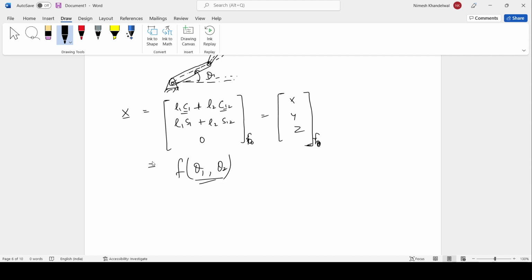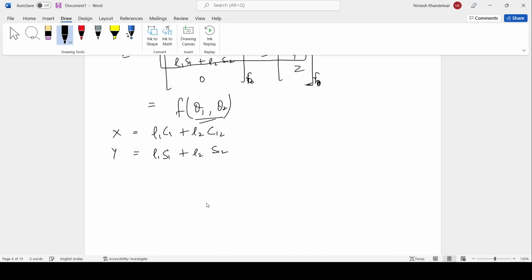So this is actually the forward kinematics mapping, or the forward kinematics function, for the 2R manipulator. That is, x equal to L1 C1 plus L2 C12, y equal to L1 S1 plus L2 S12.